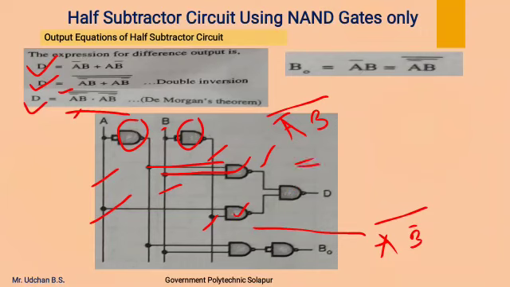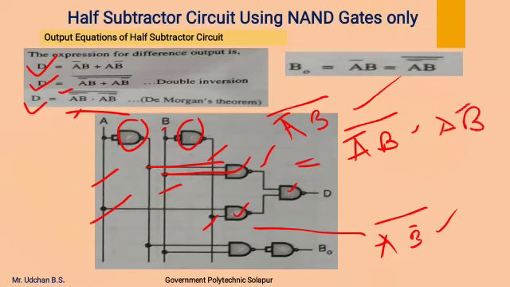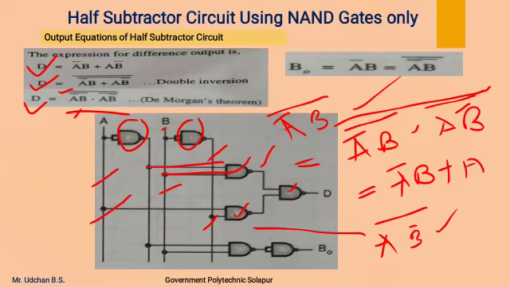These two terms are given as inputs to this NAND gate, which will produce the output A bar B complement into A B bar complement and its whole complement, which is nothing but our equation of difference, that is A bar B plus A B bar, after applying De Morgan's theorem and reducing this equation.